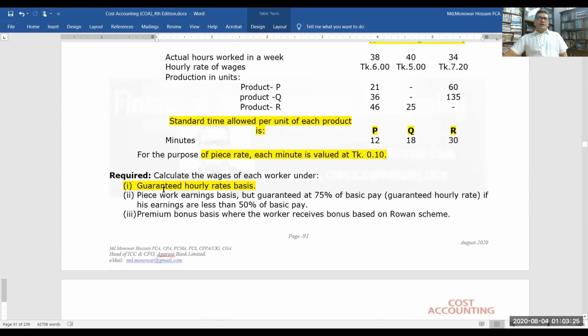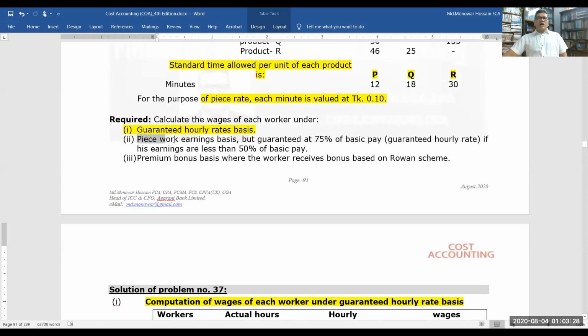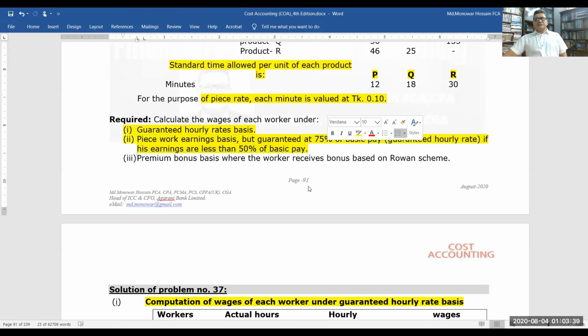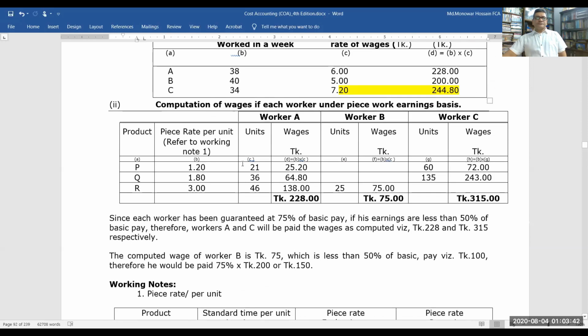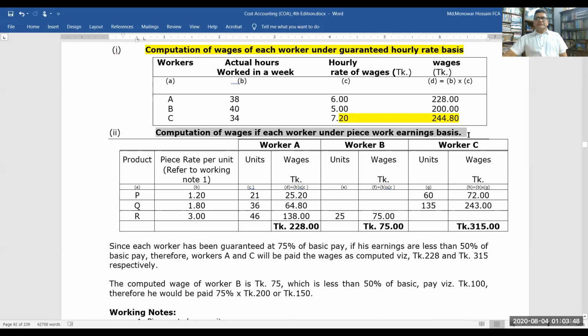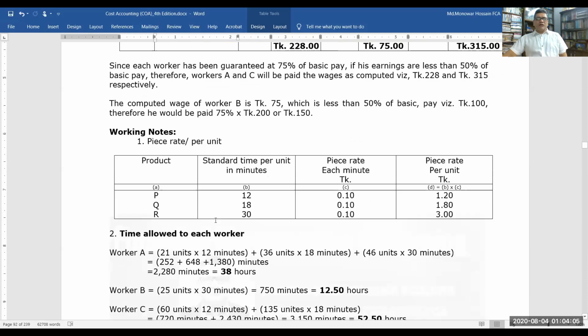Now, piece work earnings basis, but guaranteed at 75% of basic pay, the guaranteed hourly rate, if his earnings are less than 50% of the basic pay. Come here, this is the calculation. Products P, Q, R, piece rates 1.2, 1.8, and 3. This piece rate we calculated in our note 1.